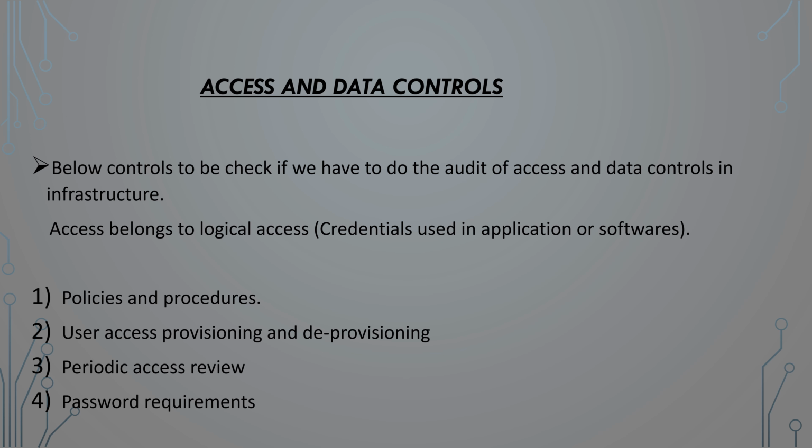Next is the password requirement. During processing, it might sometimes happen that the customer or client has asked us to make some modifications to the passwords which are currently existing in the organization.